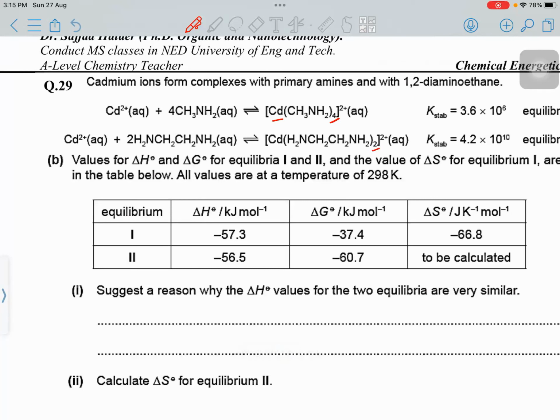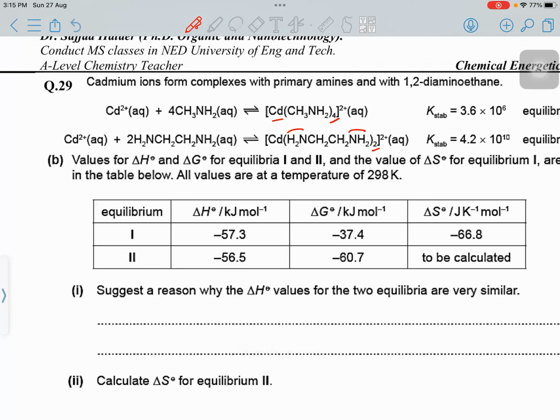Why? Because you have 2 NH2, and 1 NH2 forms 1 bond, so totally you have 4 NH2. So the total number of bonds in both equilibria is the same.